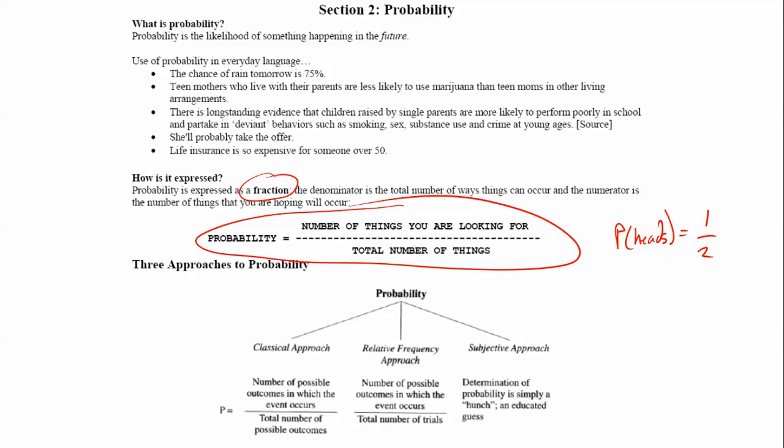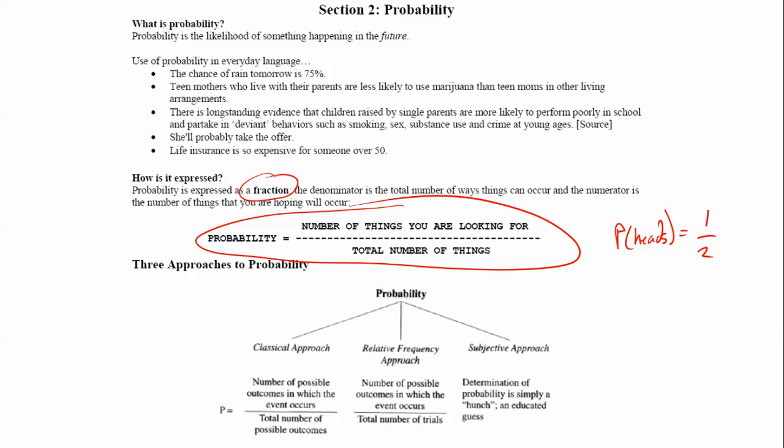Now, we can't calculate all probabilities, and so there's basically three approaches to probability statistics. The first is a classical approach. Classical approach is just like I just described with the toss of the coin, where we're just counting the number of things and dividing by the total number of things.